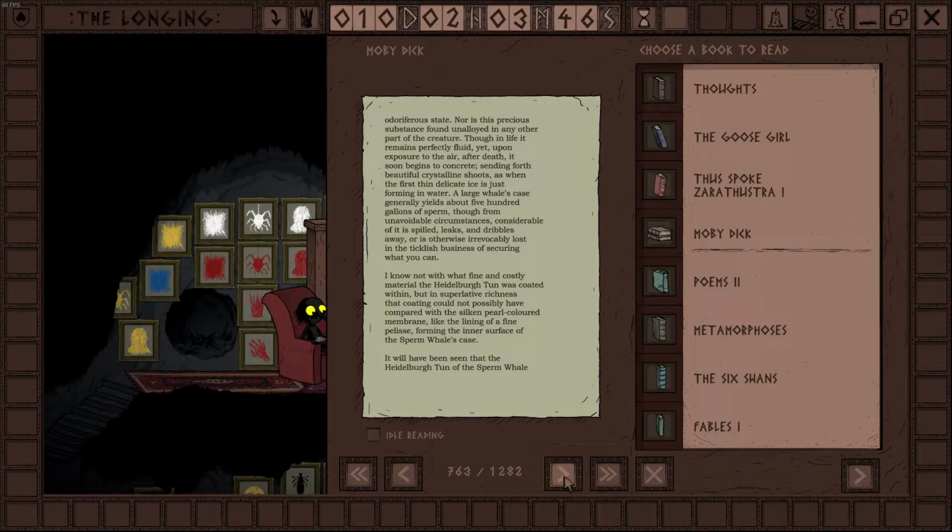I know not with what fine and costly material the Heidelberg Tun was coated within, but in superlative richness that coating could not possibly have compared with the silken pearl-coloured membrane, like the lining of a fine pelisse, forming the inner surface of the sperm whale's case.